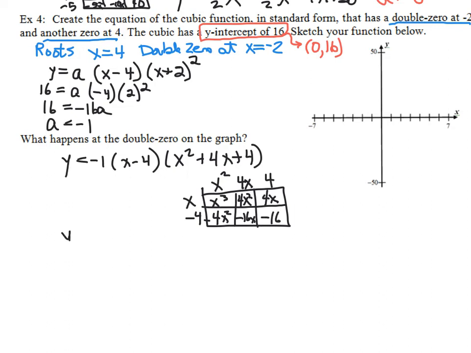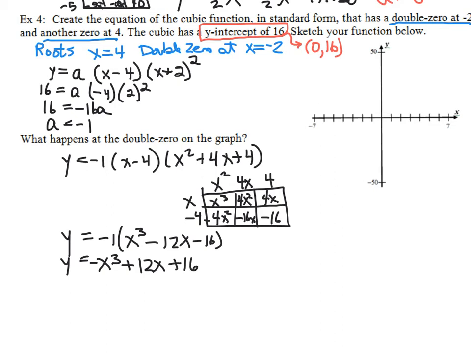So putting this into our equation, we have y is equal to -1 times, my product would be x cubed minus 12x minus 16. Distributing the negative, that gives me y is equal to -x cubed plus 12x plus 16.